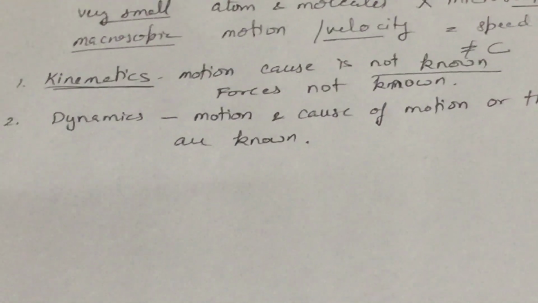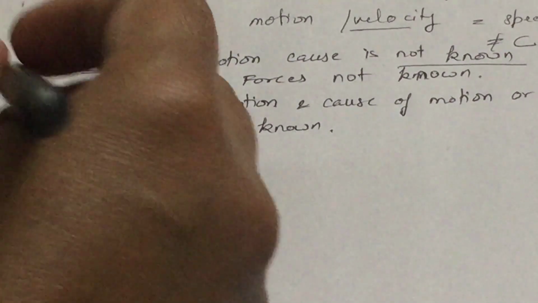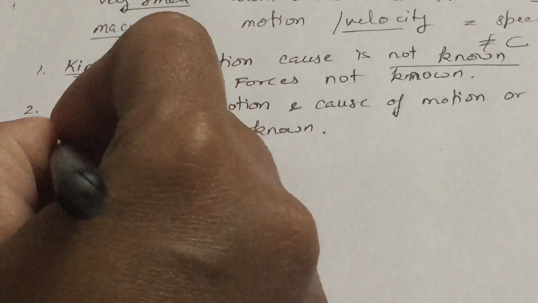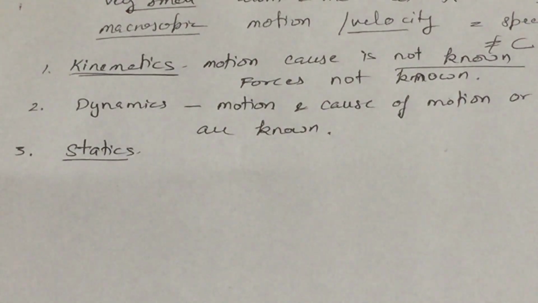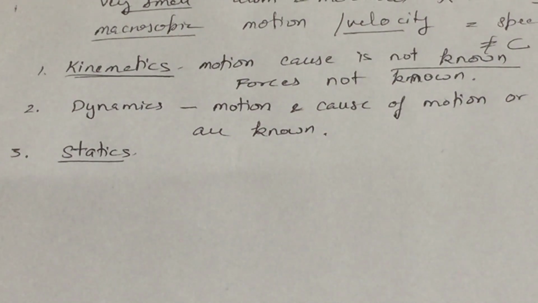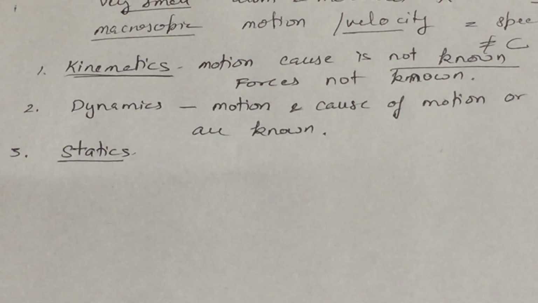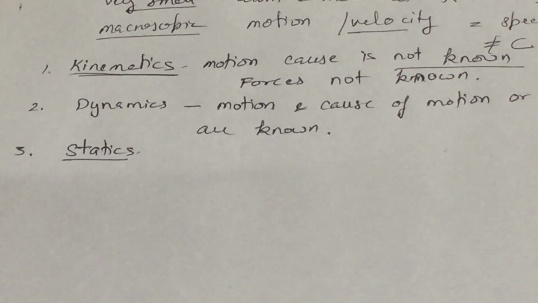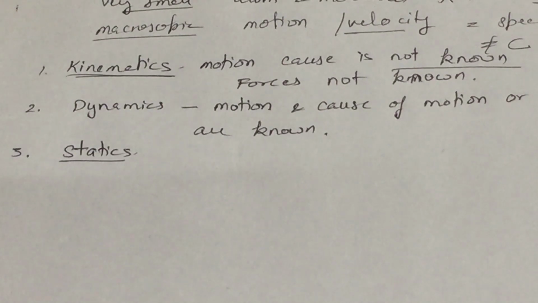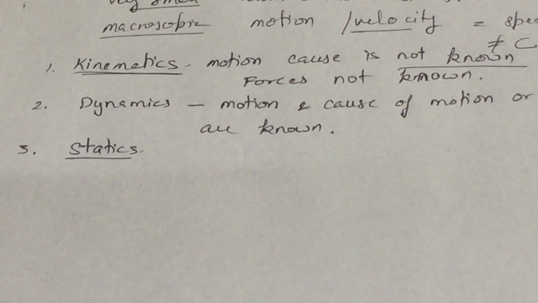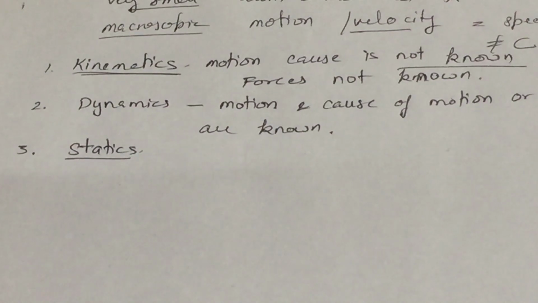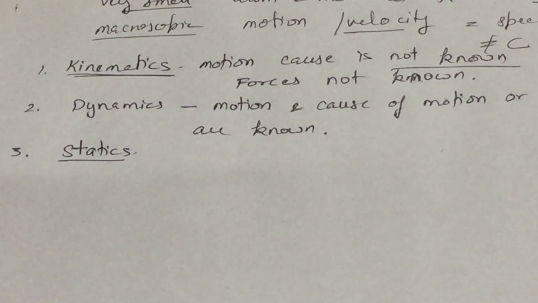The third branch of classical mechanics is statics. What is statics? It is the study of that case where the total net force on the particle or on the system is zero, due to which the system is at rest and there is no resulting motion, as the total net force on the system is zero.